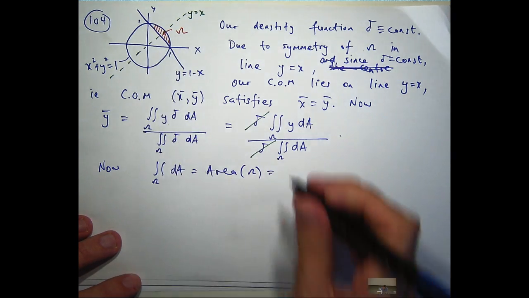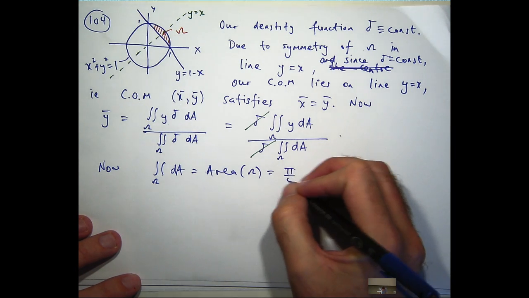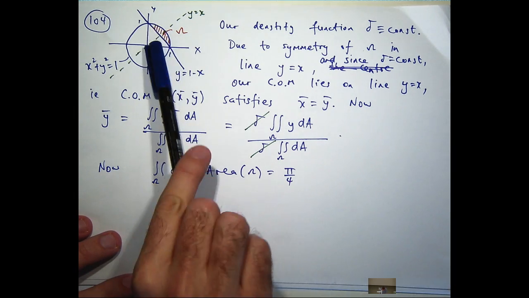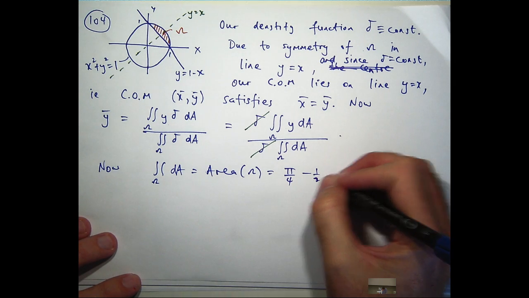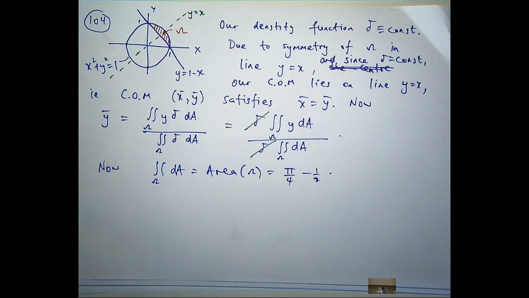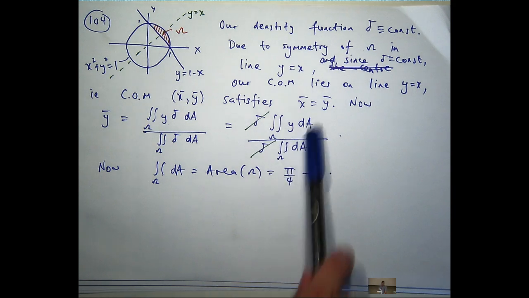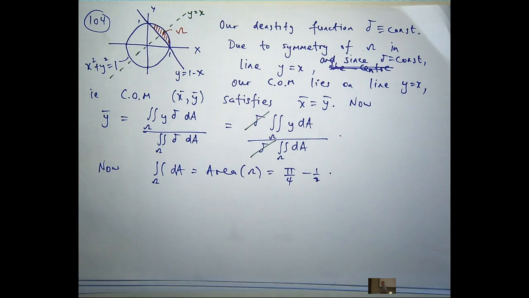So the area of this quarter circle is going to be pi on 4. And the area of this triangle is going to be a half. Okay, so I don't even need to do a double integral for that one. For the bottom anyway. For the top, I am going to have to do some calculations.